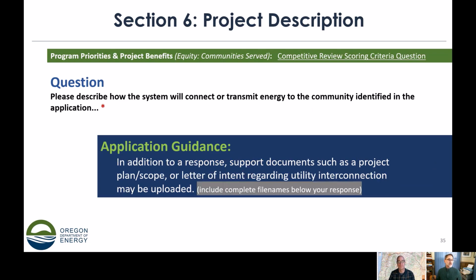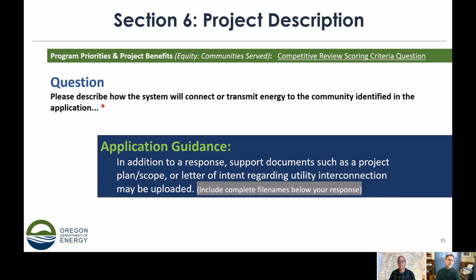And so as we continue on through section 6, please describe how the system will connect or transmit energy to the community identified in the application. And what we're looking at here is, in addition to the response, that you could even upload some supporting documentation, such as the project plan scope or a letter of intent regarding utility interconnection.